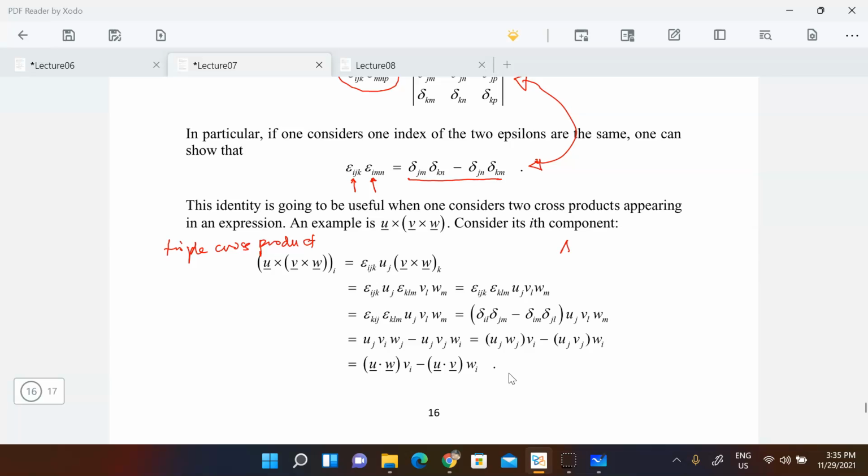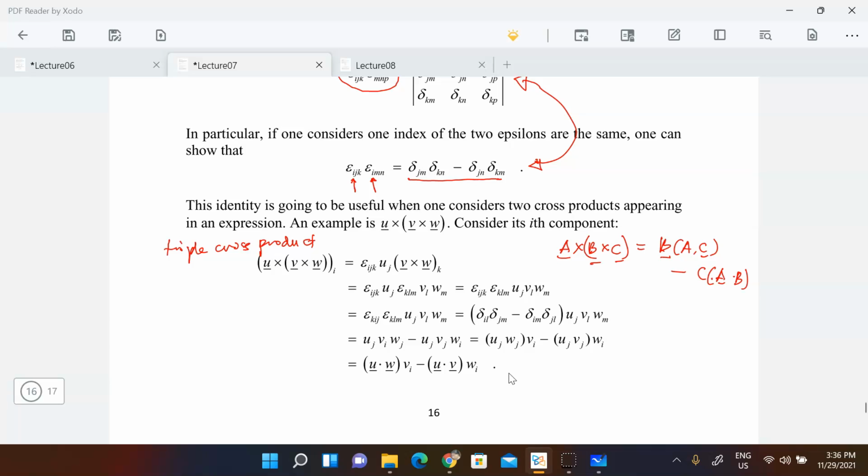I think you probably learned it in terms of A cross (B cross C), and then this becomes, so U is A, V is B, C is W, so U dot W times V, so I should have B (A dot C) minus C (A dot B).